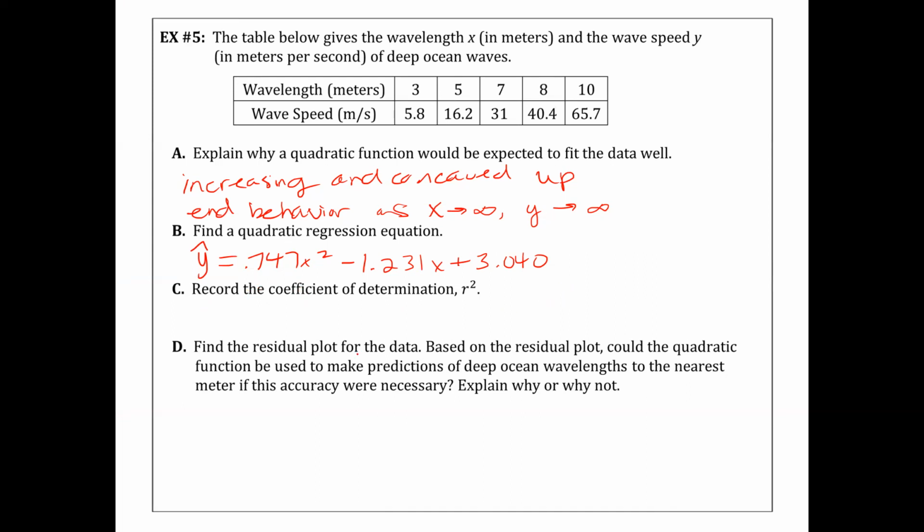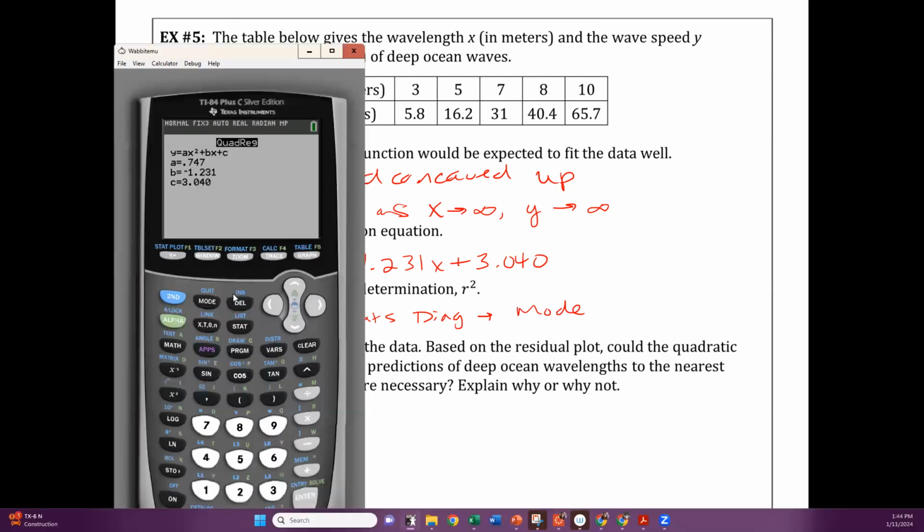And then we're going to find the R squared. To find the R squared, we have to turn our stat diagnostics on. To do that, we're going to go to mode and scroll down to where it says stat diagnostics.